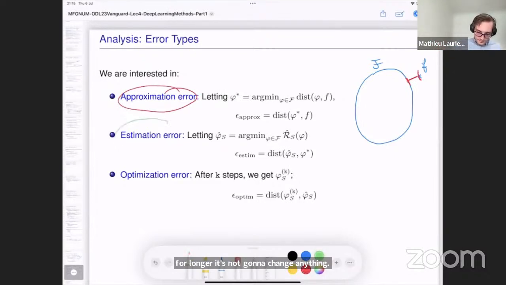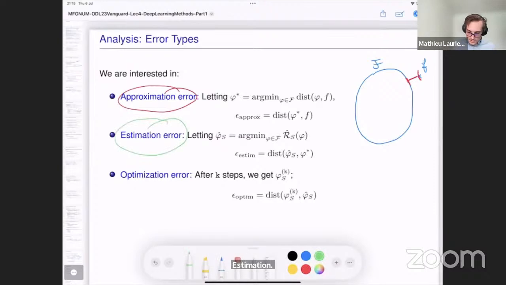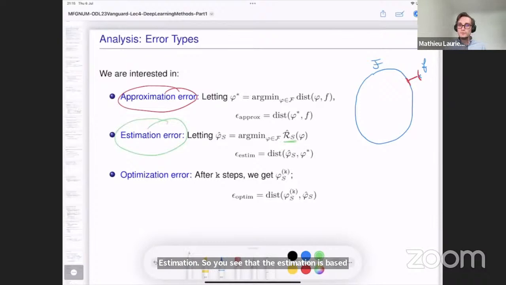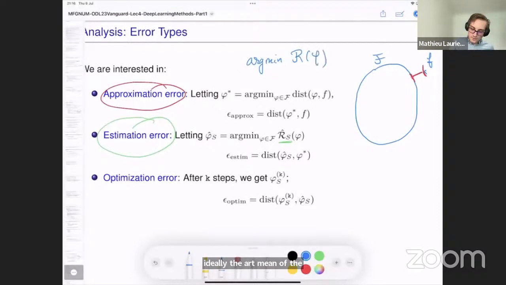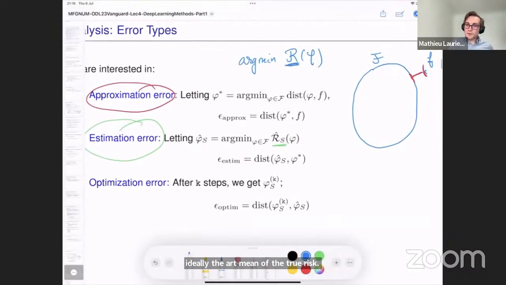Estimation error. You see that the estimation error is based on the fact that you use a finite number of samples. So here the idea is, you try to minimize the empirical risk. That's what you do in practice. Ideally, we want to find the argmin of the true risk, but we cannot compute R because it depends on an expectation.